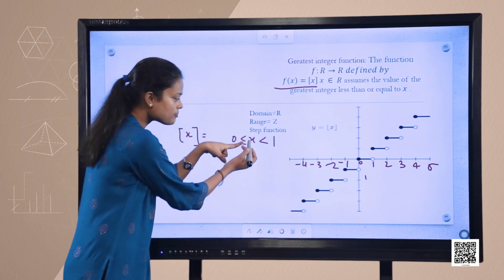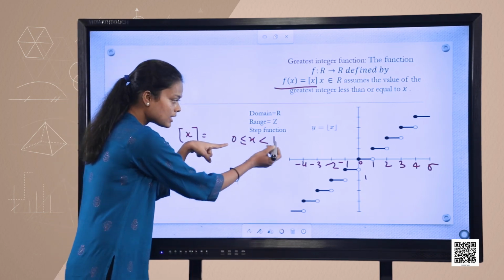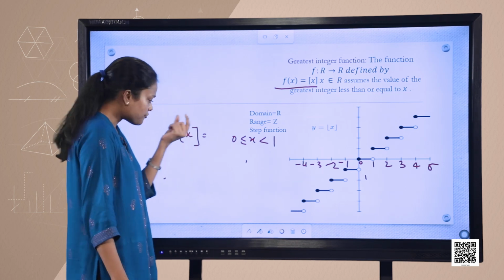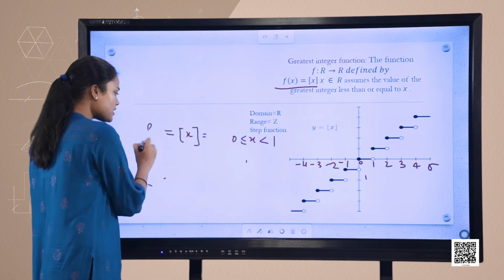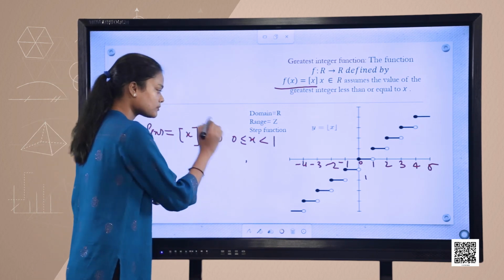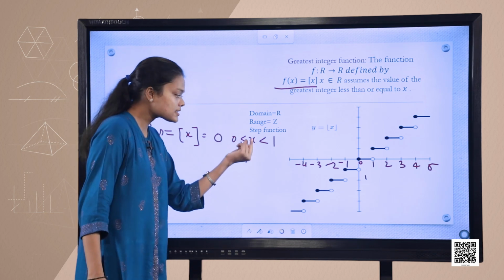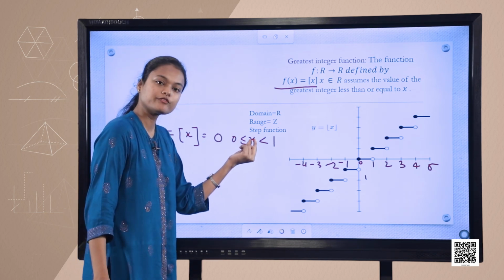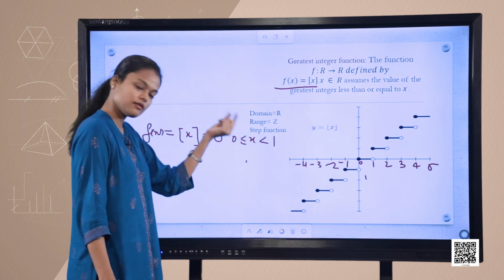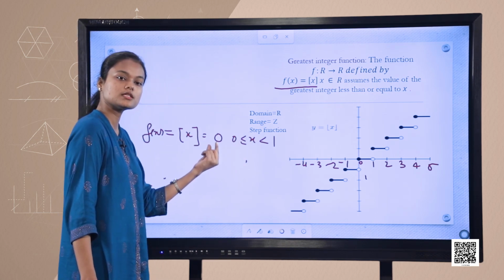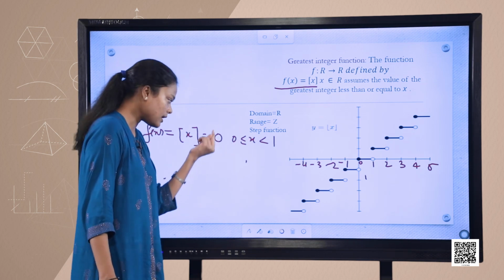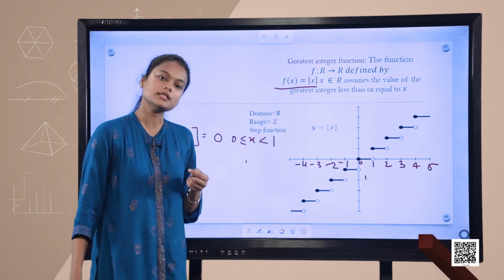That means whenever my x is lying in this interval, the value of the function f(x) will always be 0. If x is 0.5, the value will be 0. For 0.3, again the value of the function will be 0. And if x is equal to 0 also, then again the value of the function will be 0.